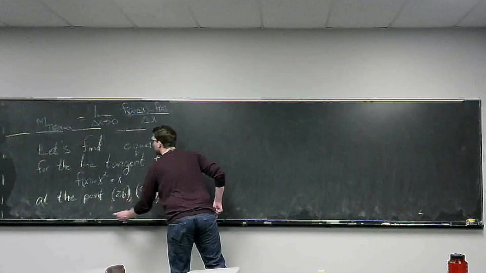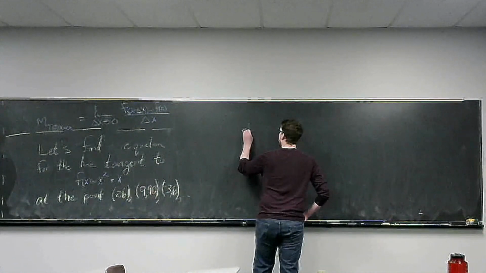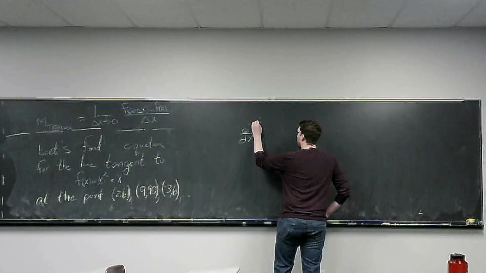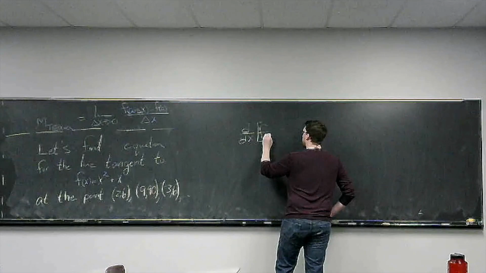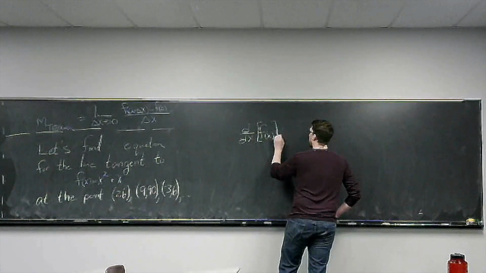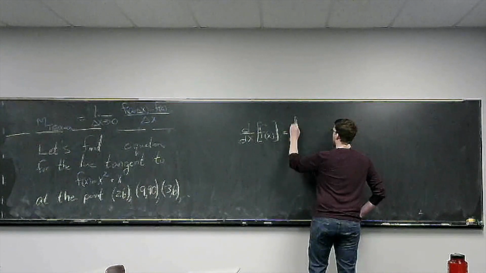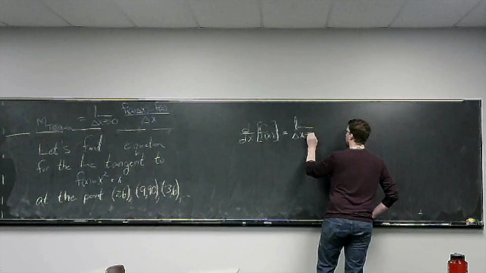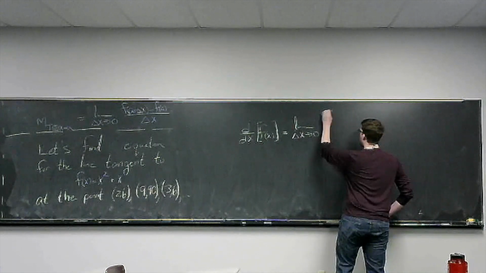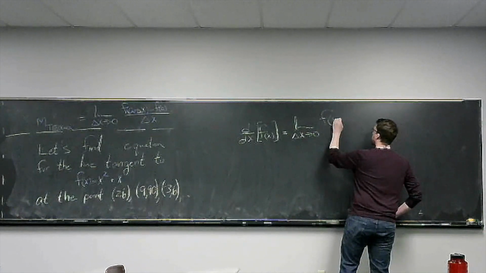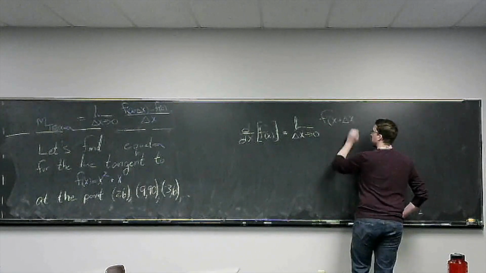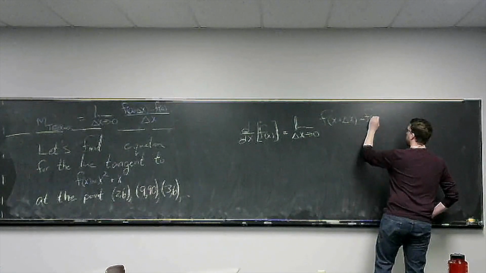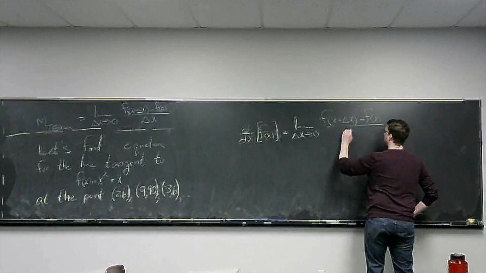The derivative is written, generally speaking, using the notation d dx of the function f of x is equal to the limit as delta x goes to 0 of f of x plus delta x minus f of x all divided by delta x.